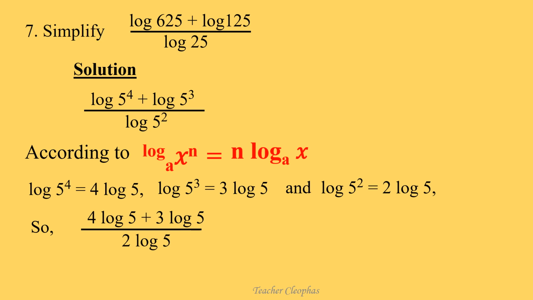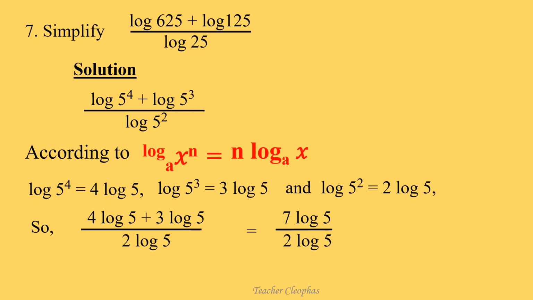On the numerator, we have 4 multiplied by logarithm of 5 plus 3 logarithm of 5. So we can simplify this and have 4 plus 3, which is 7. Then we have 7 multiplied by logarithm of 5, then divided by 2 multiplied by the logarithm of 5.